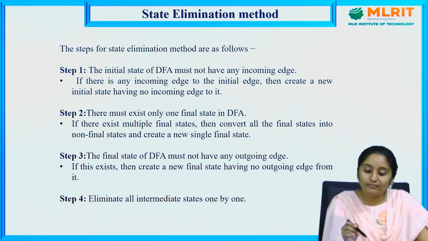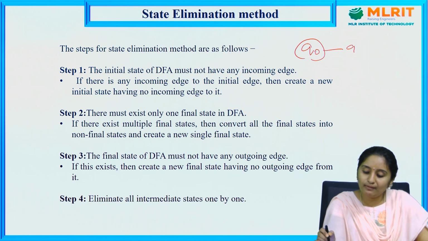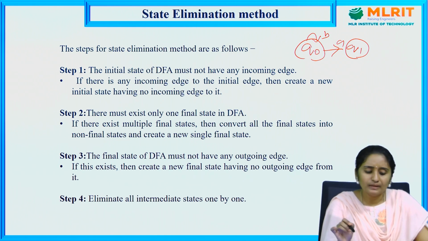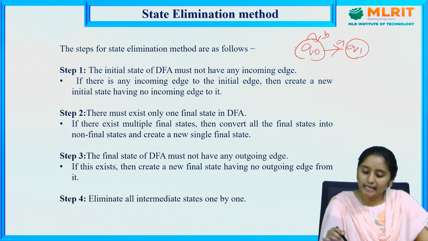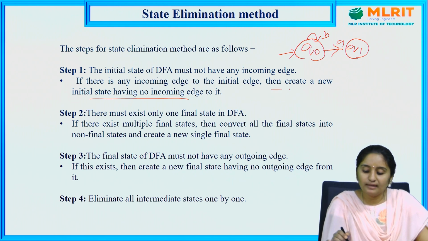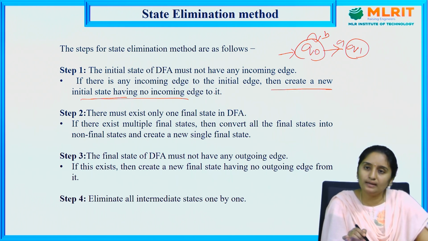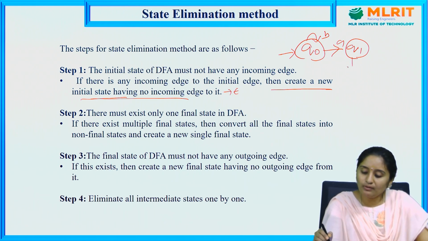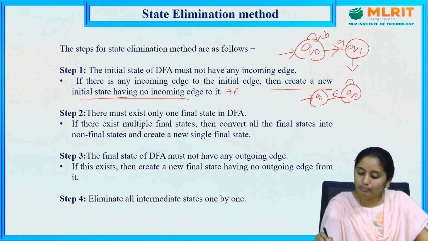For example, this is my DFA diagram with Q0, input A, and suppose here I have B. If I find any incoming edge for the initial state, then I need to create a new initial state having no incoming edge, connected with epsilon moves. Here Qi is a new state, with an epsilon transition from Qi to Q0.